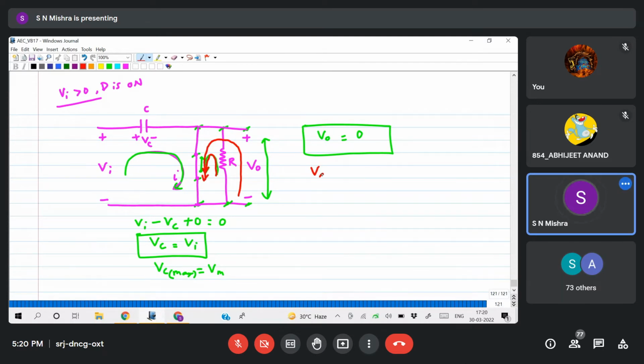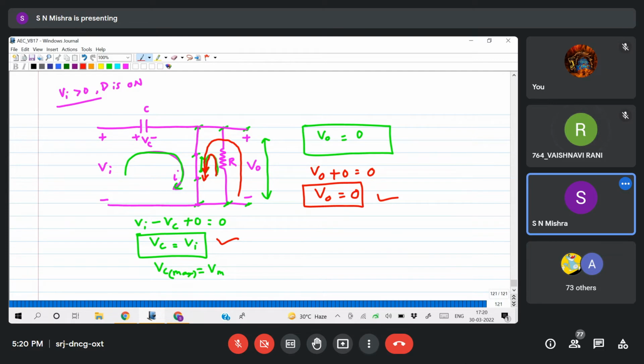So V naught plus 0 equals 0, so V naught equals 0. Understood? Applying KVL in the other loop, we get VC equals VI. Is it clear to all?